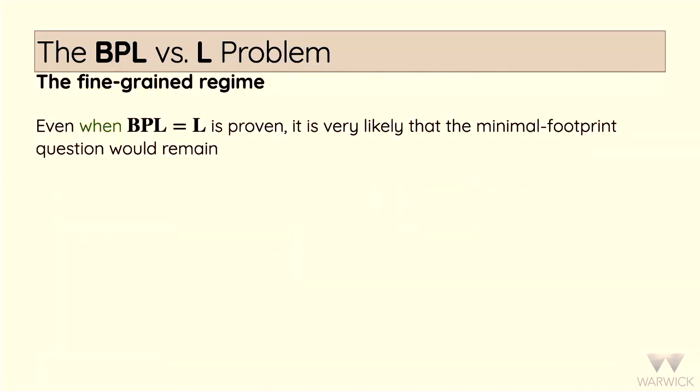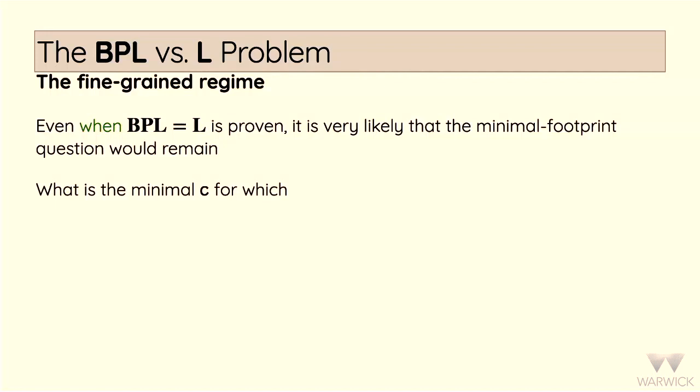But the point I want to make is that even when we prove BPL equals L, hopefully soonish, it's very likely that the question of what we called minimal footprint would remain.